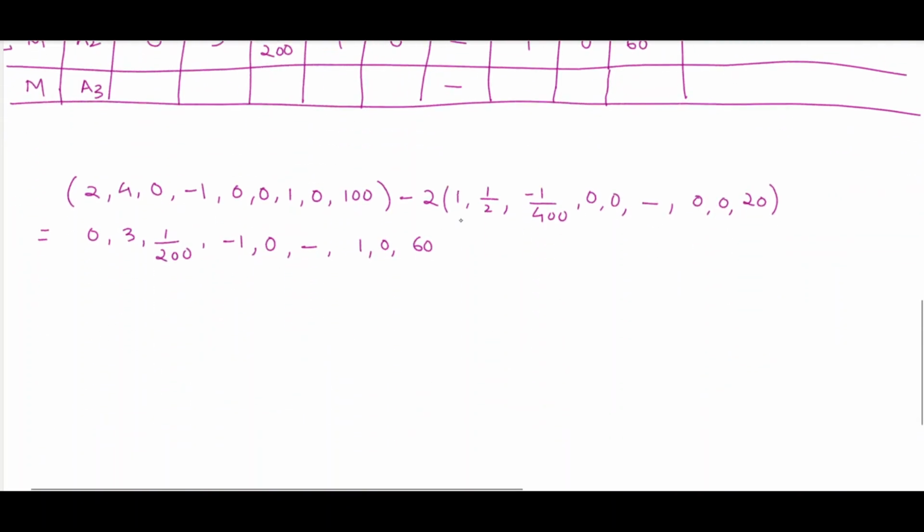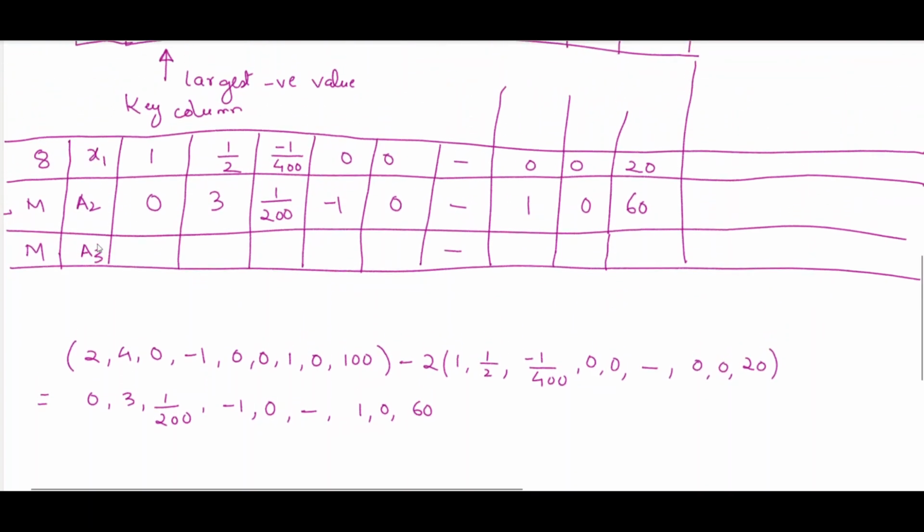That means this part will remain fixed every time for all the rows. So likewise, you will get A3 is equal to 0, 40, 40, 1 by 5, 0, minus 1, then 0, 1, and you will get 1200. This much you will get.